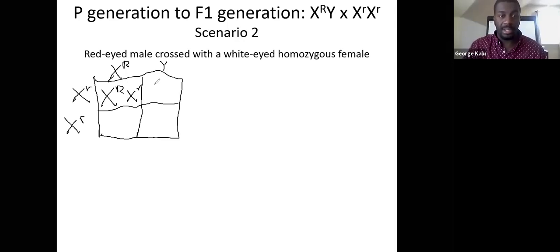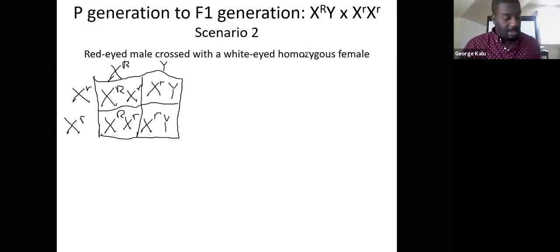The box on top right, we'd end up with X little r, Y. The third box would end up with the same thing, X big R, X little r. And the last one, we'd end up with X little r, Y. Cool.